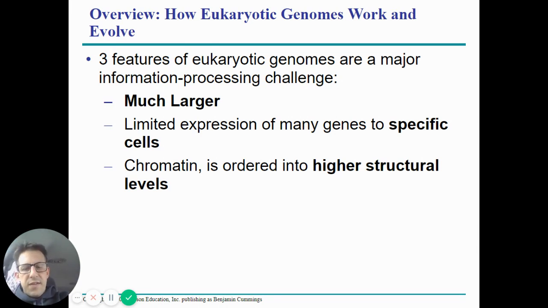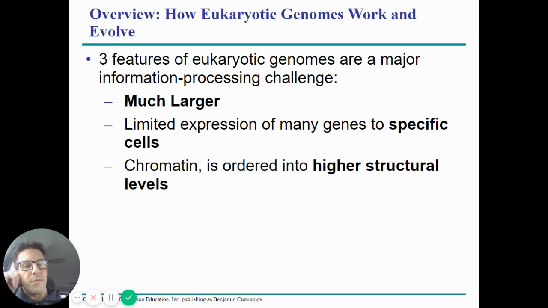A lot of the stuff that scientists look at when they study our genome is how it compares to bacterial genomes. Bacterial genomes are really, really simple, easy things to study. They're relatively small. They have very few genes, and most of the genes get expressed most of the time. For us, that's difficult because our genomes are much larger, obviously.